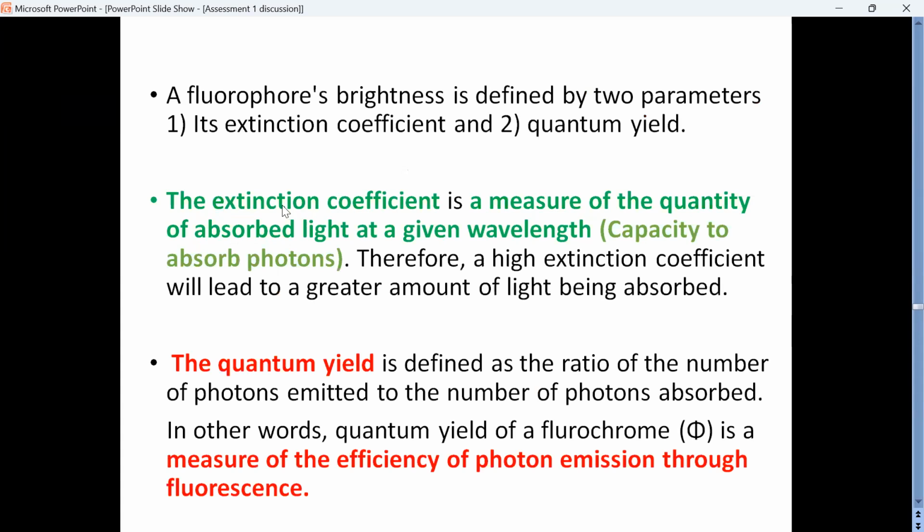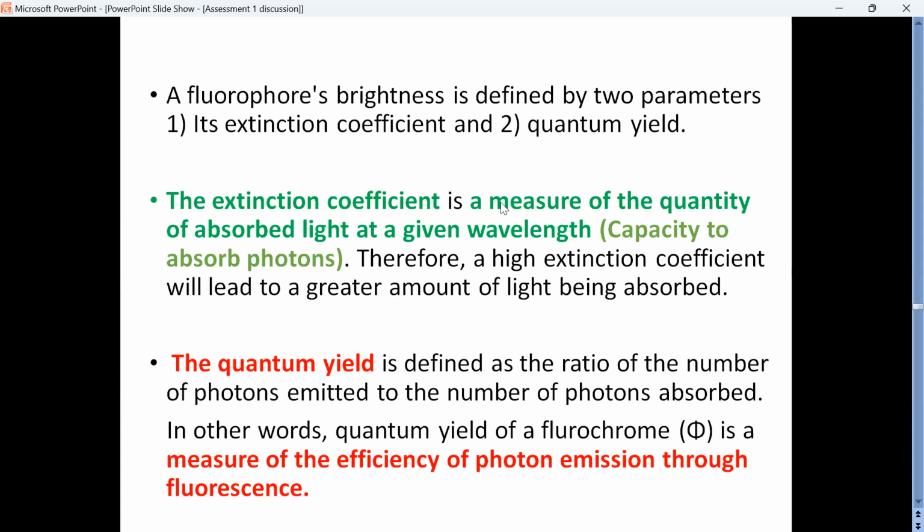So extinction coefficient is a measure of the capacity of the fluorochrome to absorb light at a given wavelength. So when you are exciting a fluorochrome, say for example, we are using a blue laser, the excitation light here is 488 nanometer. Now at this particular wavelength, how much light can the fluorochrome absorb?